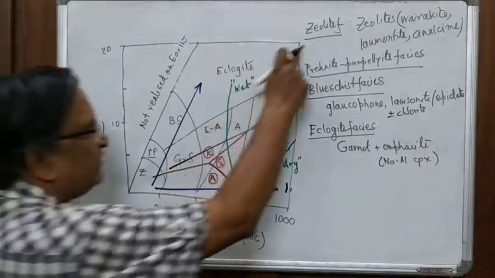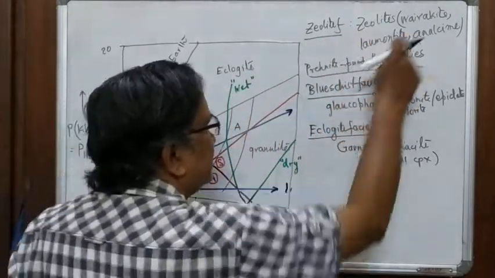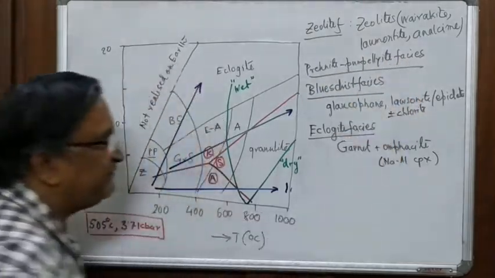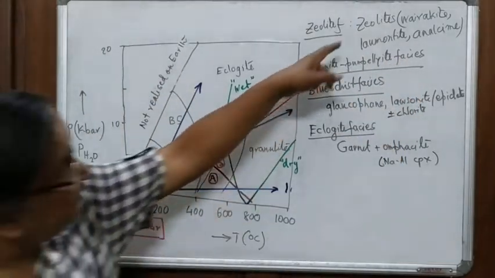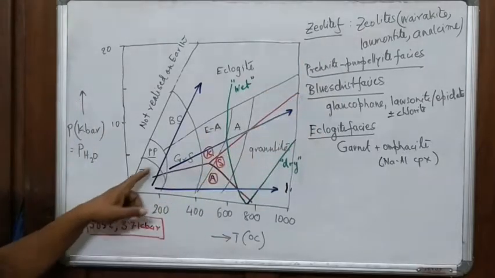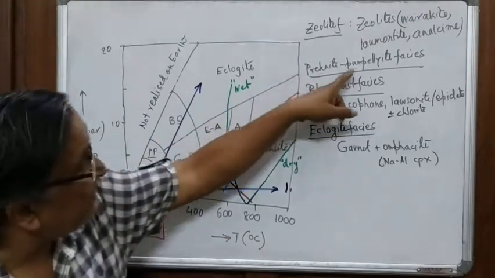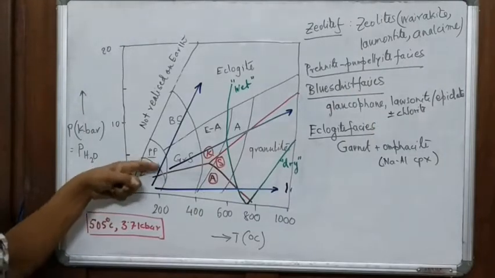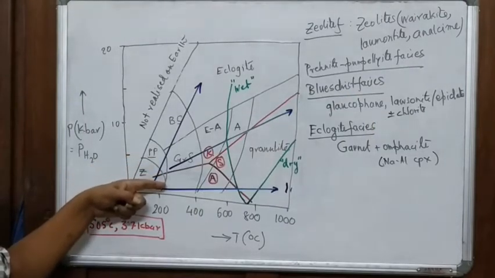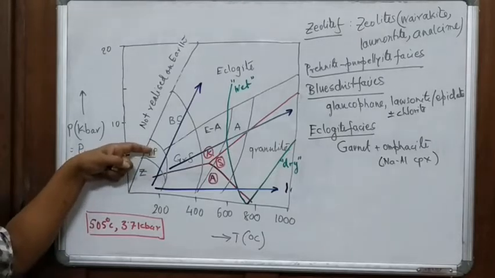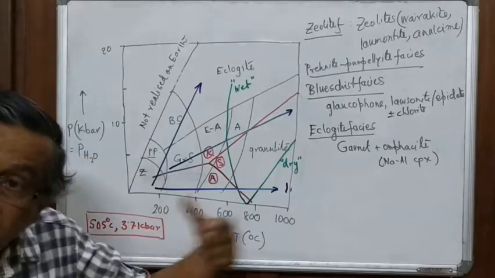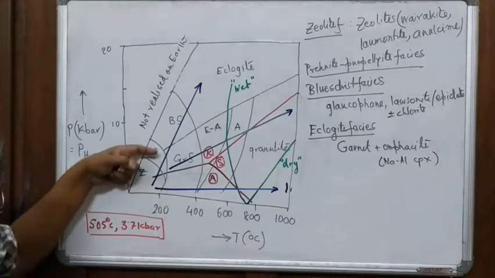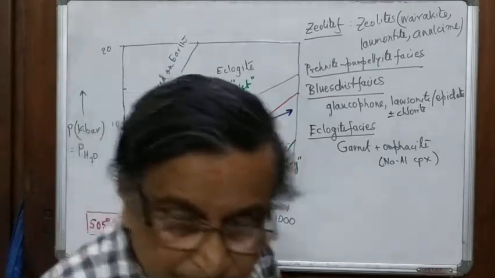So you have the zeolite phases with the zeolites, laumontite, etc. Prehnite-pumpellyite phases. Now you can see, if you go from zeolite phases to prehnite-pumpellyite phases, then you have to stabilize prehnite and pumpellyite and forget about zeolites. So obviously this is a reaction boundary by which prehnite and pumpellyite stabilizes in metamorphic rocks as you go up pressure from the zeolite phases.